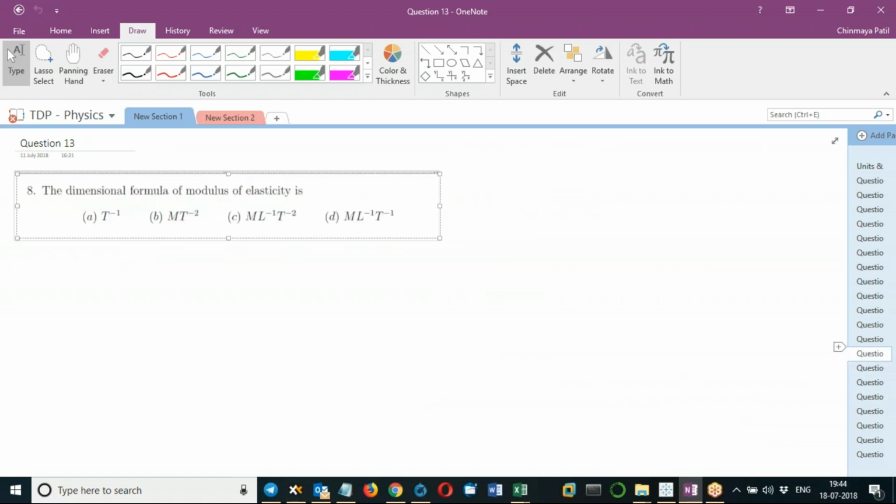The dimensional formula of modulus of elasticity. Modulus of elasticity, or elastic modulus, is a quantity that measures an object or substance's resistance to being deformed elastically, that is, non-permanently, when a stress is applied to it.